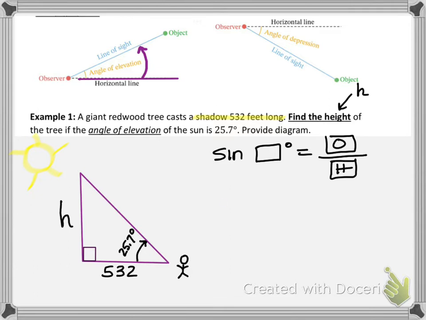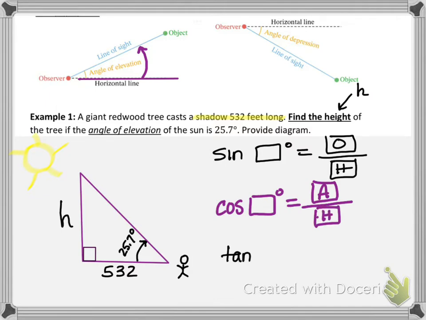Then we have cosine of an angle would be adjacent over hypotenuse. And lastly, we would have tangent of an angle equals opposite over adjacent. All right, those are the three things we've got.